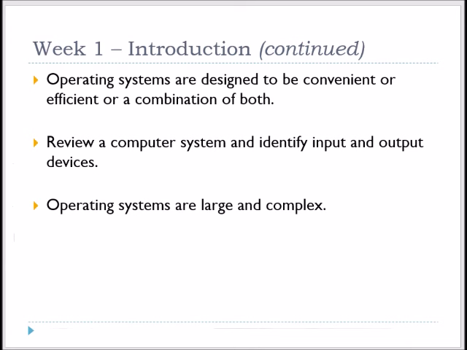They've got a lot of extended features that you wouldn't necessarily need, but it's very convenient and easy to use. That's the concept behind the Windows operating system, or even the graphical user interface in OS X. So I'd like you to review computer security, identify input and output devices. And we need to understand that operating systems are large and complex.